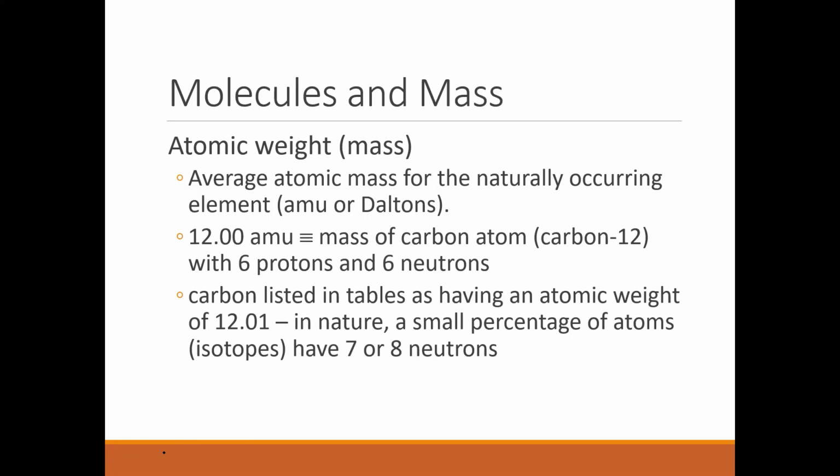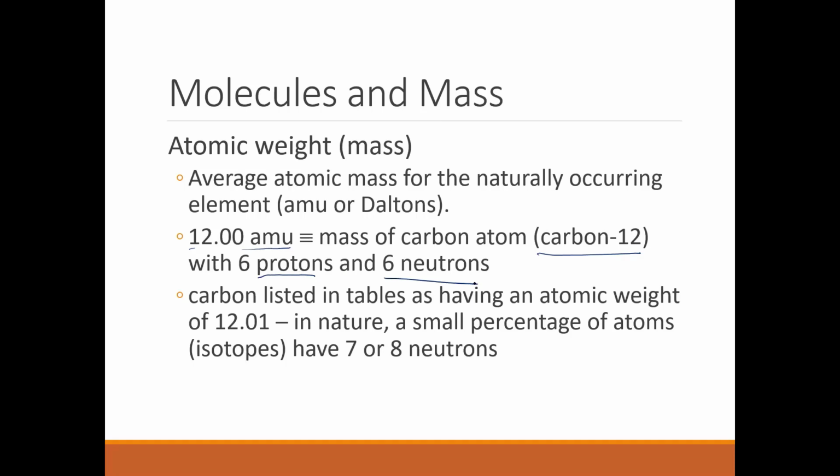The atomic weight, or atomic mass, is the average atomic mass for the naturally occurring element. Carbon-12 is defined as having 12 atomic mass units, 6 protons and 6 neutrons.